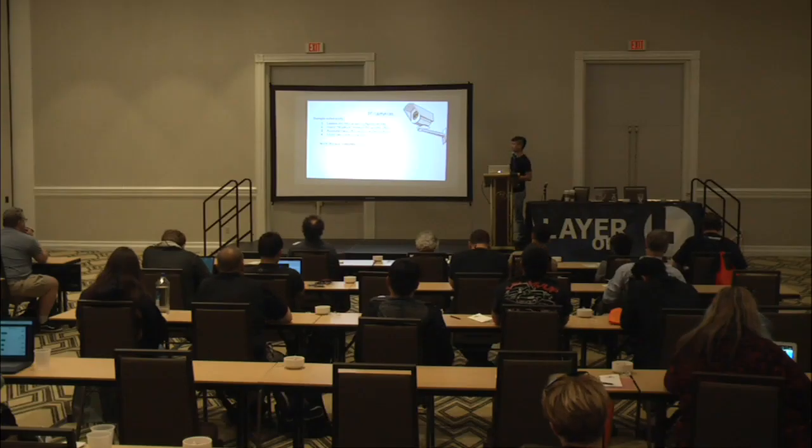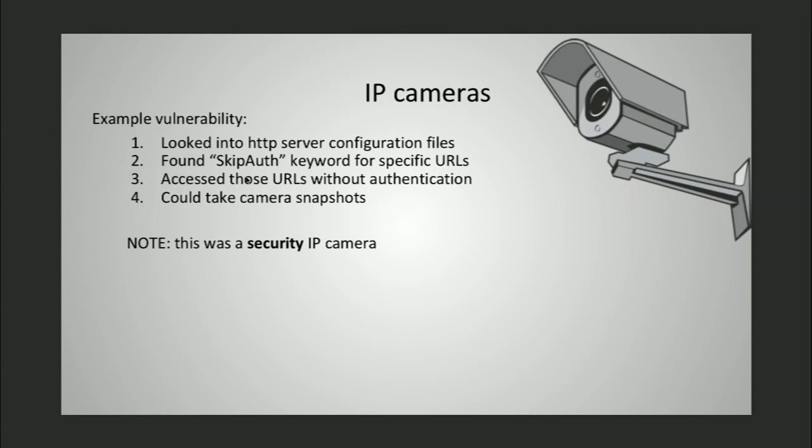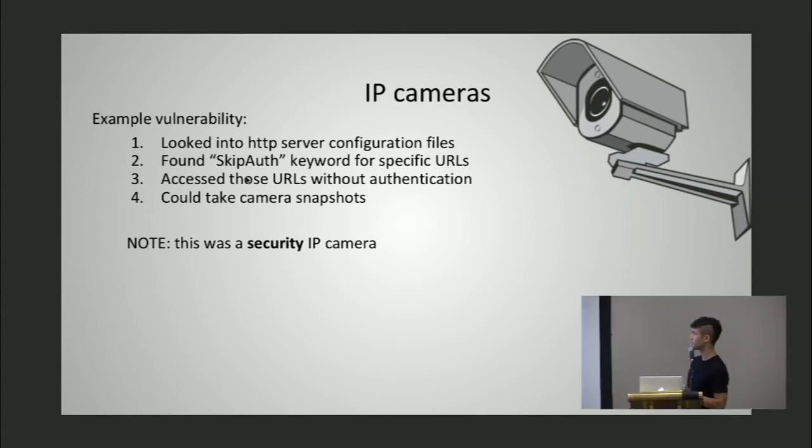And speaking of cameras, IP cameras are another thing that we test regularly. An example vulnerability that we found a while ago was that after we downloaded the firmware and analyzed it, by inspecting the file system we saw that in some configuration files, you could see the skip auth keyword next to some specific URLs, which made us wonder, why do they have this?